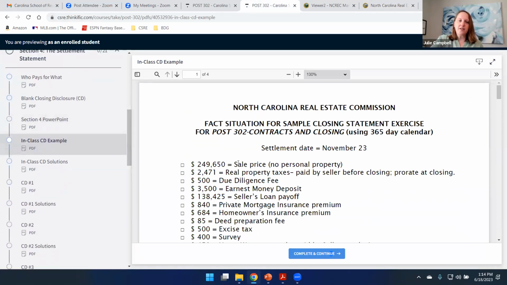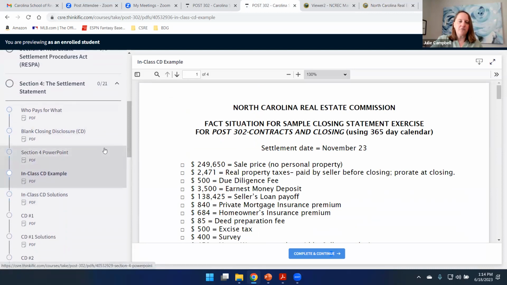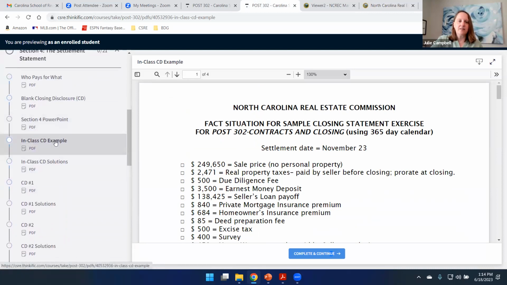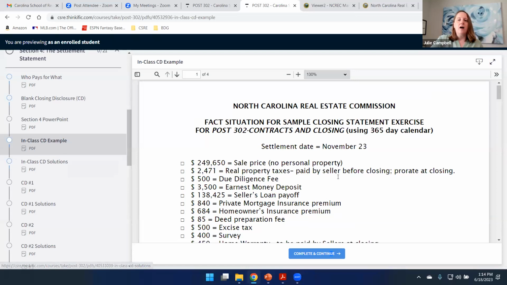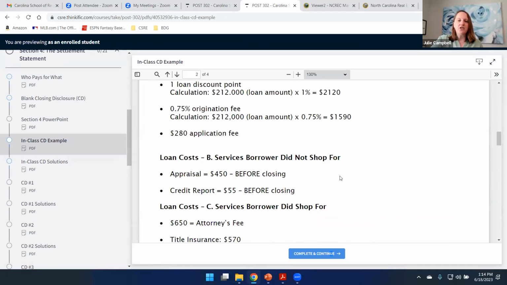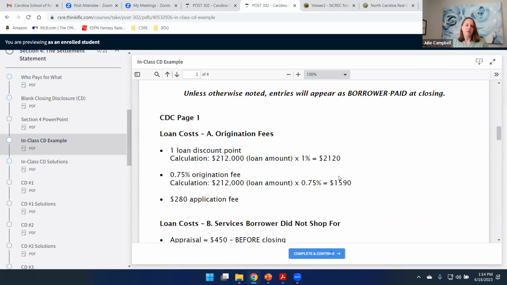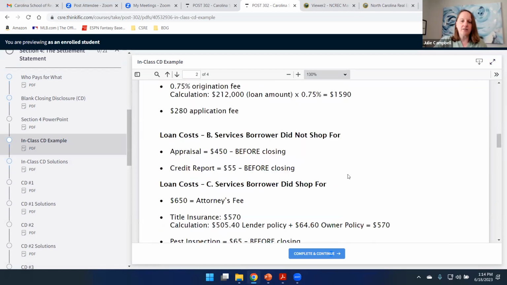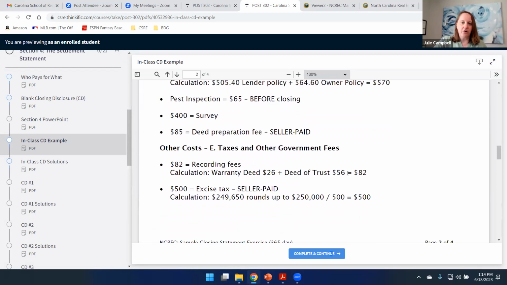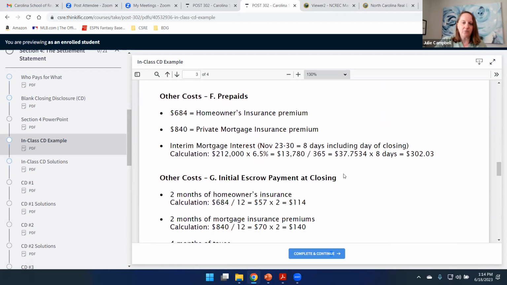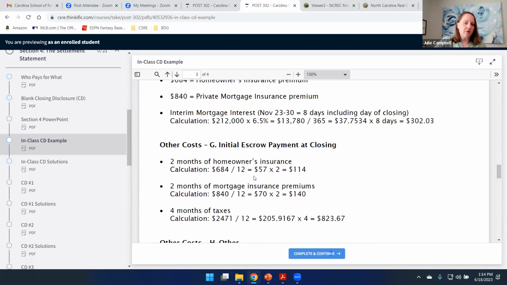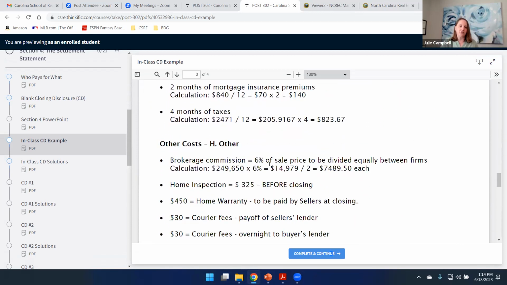So the one we just did was the in-class, the section 4, the in-class CD example. At the bottom, after this page, you have the calculations worked out. So here's the loan costs. If you want to know your prorations or whatever, here's your escrows, for example. So the calculations are included in that CD example.